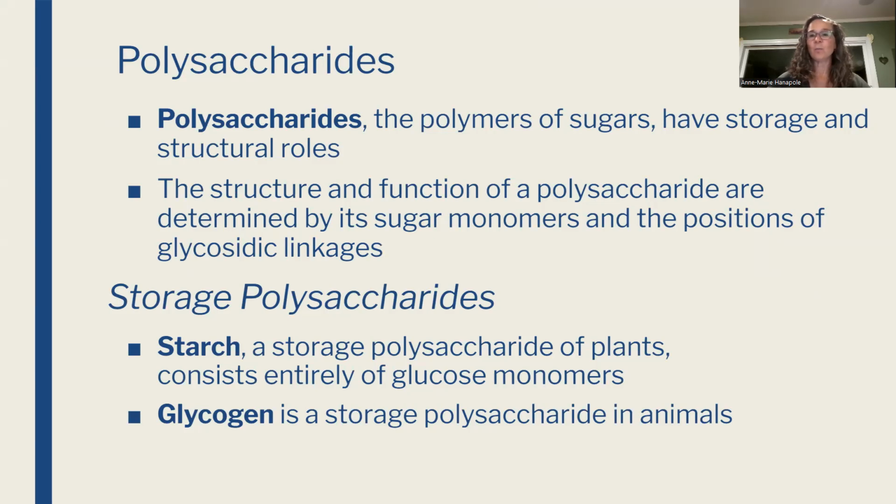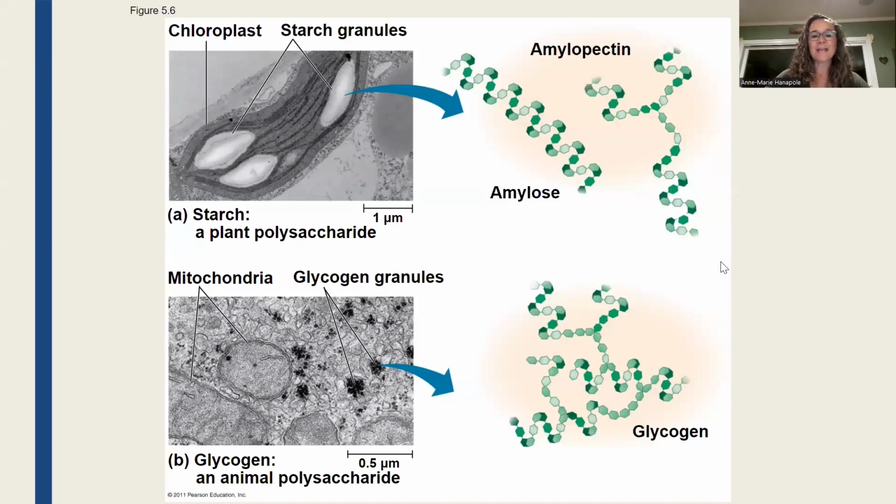Both of them are a whole bunch of glucose molecules all linked together, but glycogen is linked together in a different arrangement. It's a little bit more branched than the starch is. So they are both long chains of glucose, but the structure is a little bit different.